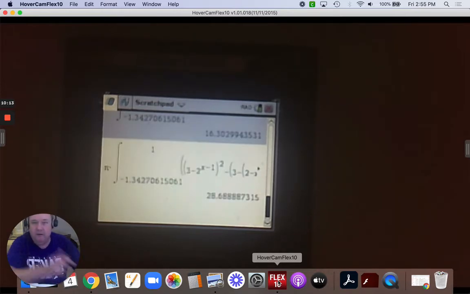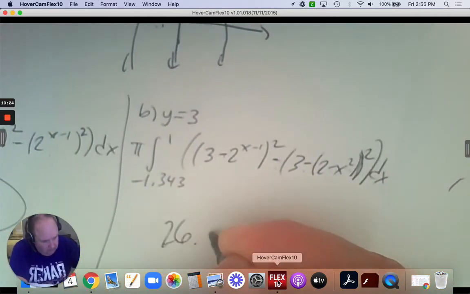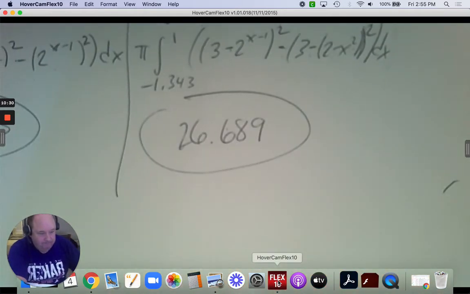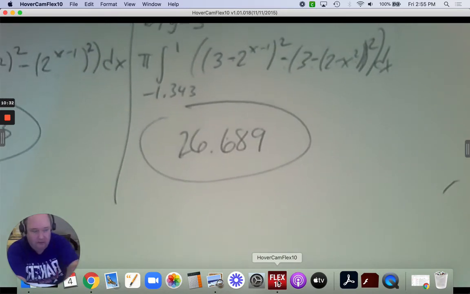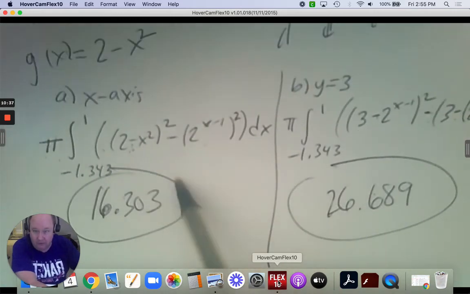Make sure that you did your best. Make sure I did it right. Matching my answer key, 28.688 or 89. And you have your answer. All right, so the skill to use a calculator, we still need the skill to sketch and be able to set up and to show the setup in terms of what you're doing.